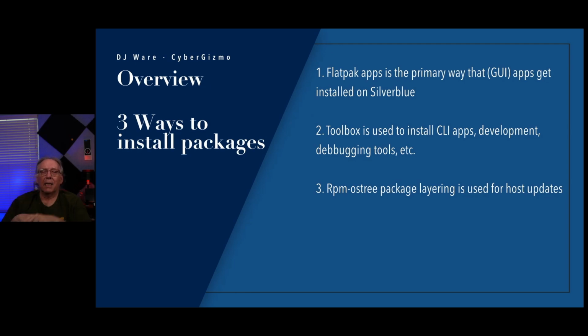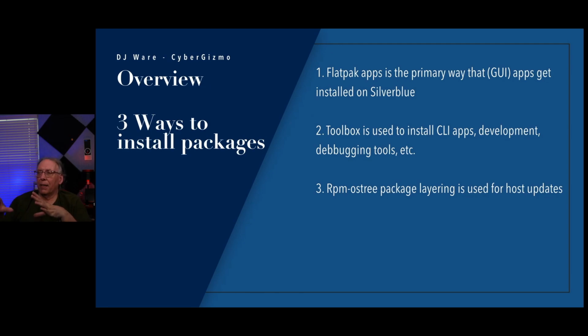It stays inside. Third, the RPM OSTree, you can install packages with it. However, they recommend using it for host updates or installing system level applications, services like an Apache runtime, or maybe you have some sort of operating system level utility that you're wanting to install.